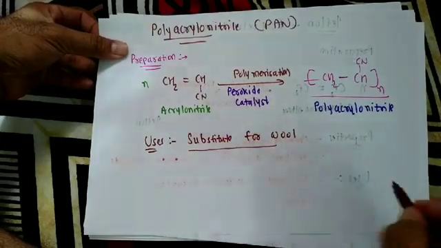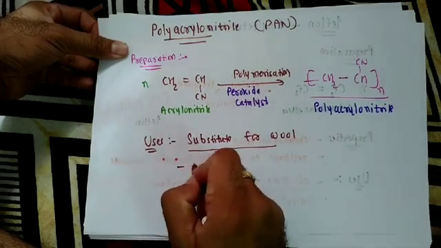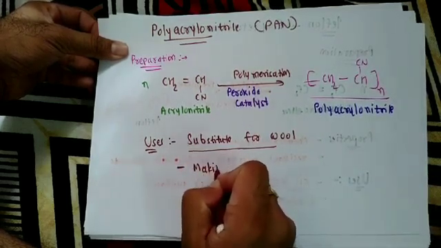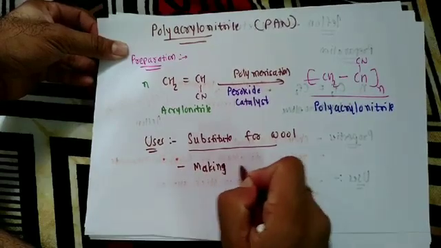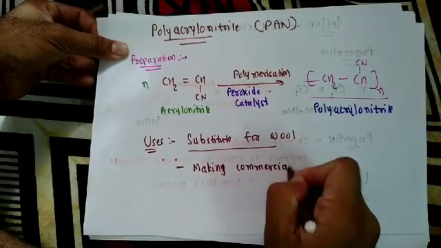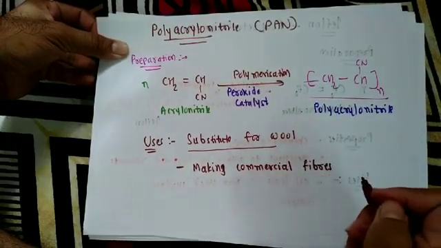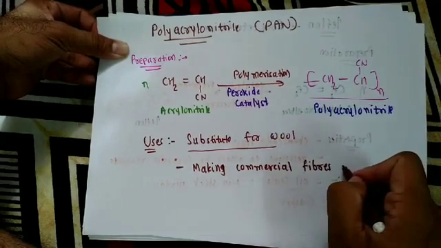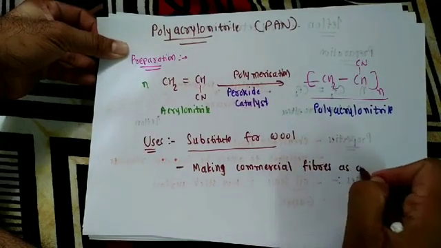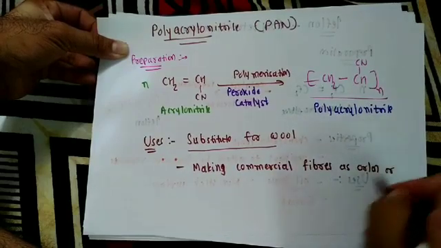So what are the uses of polyacrylonitrile? They are useful for making commercial fibers, the fibers which are needed in industry. Or they are used as Orlon or Acrylan.